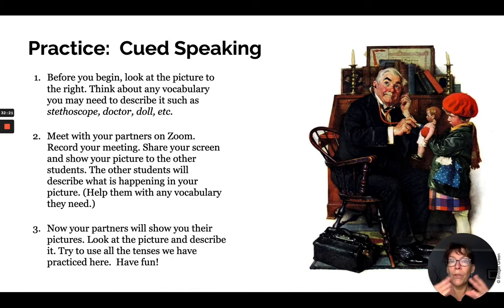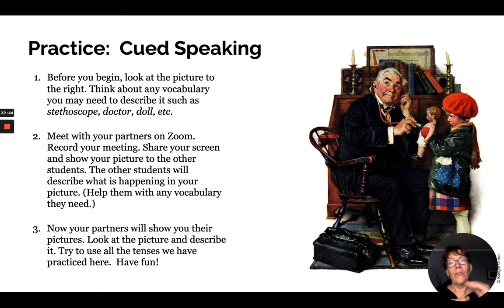Then you're going to meet with your partners on Zoom, record your meeting, share your screen and show your picture to the other students. The other students will describe what is happening in your picture. Help them with any vocabulary they need. Remember, your partners will describe your picture, and you help them with the vocabulary.